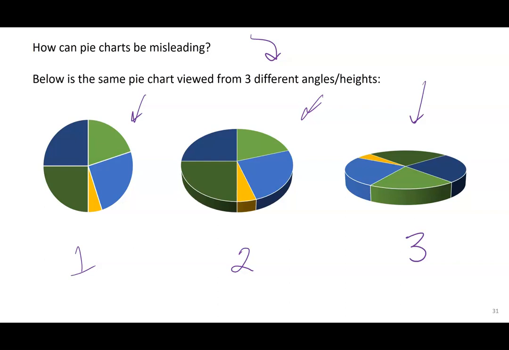If you even decide to focus on just this yellow sliver, it doesn't look, just at a glance, to take the same amount of space in all 3. And that's the problem, that it can be misleading. It's very, very easy for a pie chart to be misleading this way, because you can change the angle and the height and whatnot. Some folks might do it intentionally, other people won't, but it's still easy to mislead.